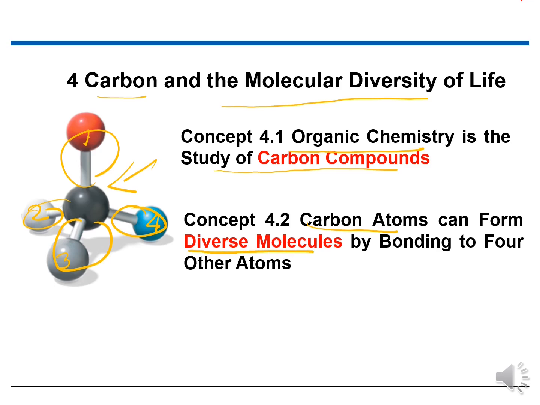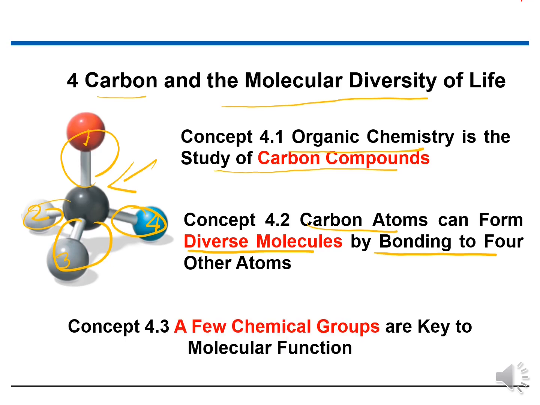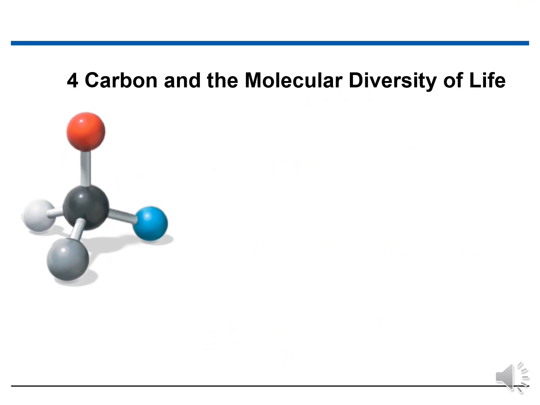And we will discuss how these four bondings are fundamental for creating diversity in life. And finally, at the end, we will talk about a few chemical groups and how they are key for molecular functions. So let's start.